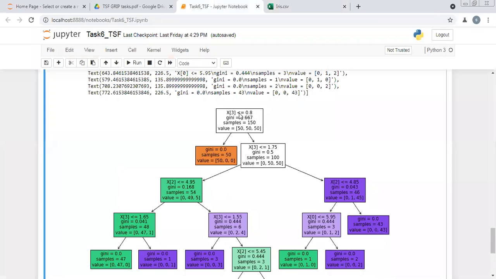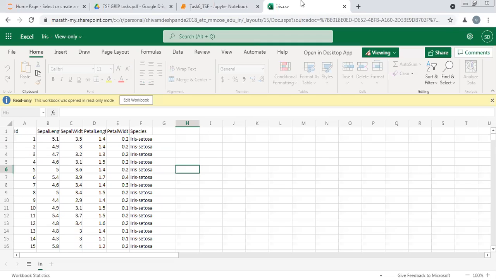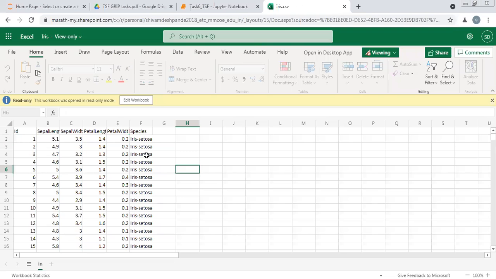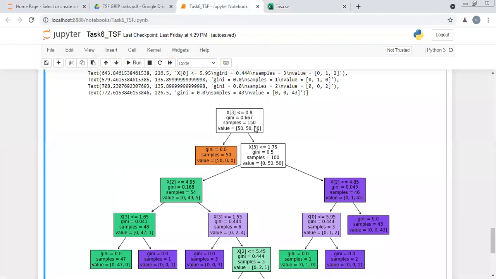So if I ask this question, petal width less than or equal to 0.8, and it is true, then it gives me the answer of species Setosa. If it is false, then we are left with two species, versicolor and virginica. So basically this question is used here, and we have split our data set.